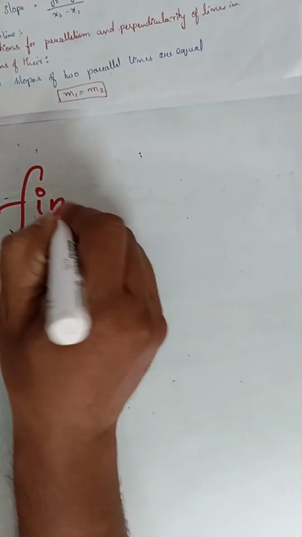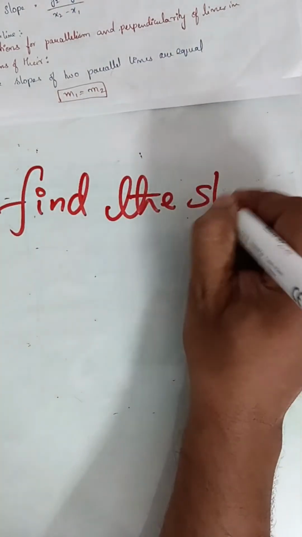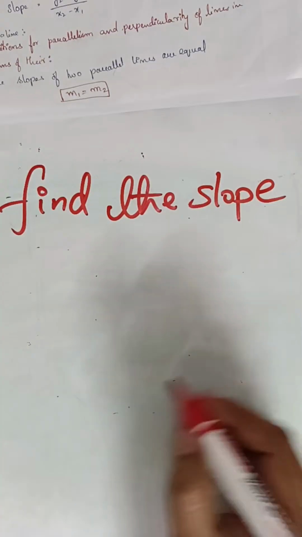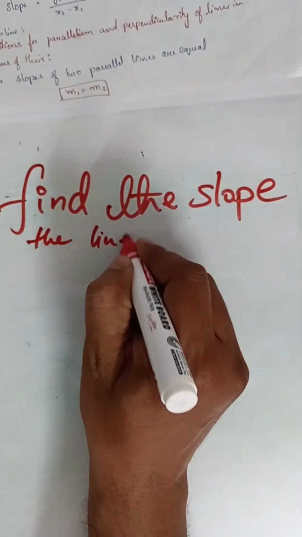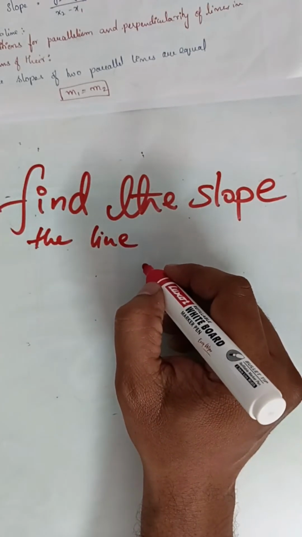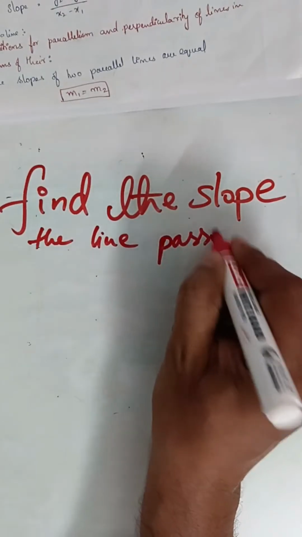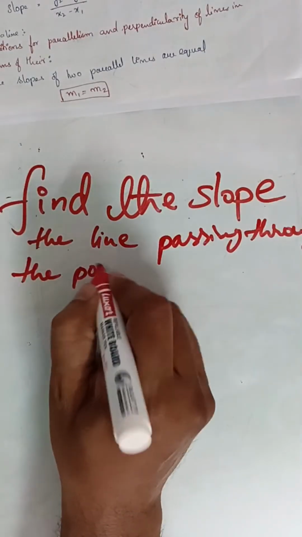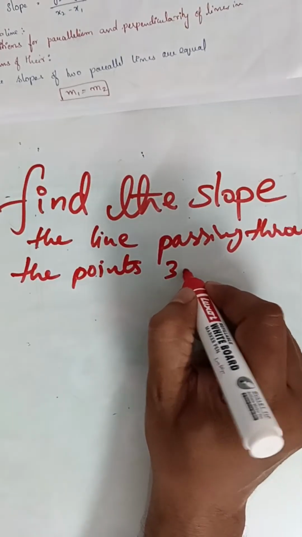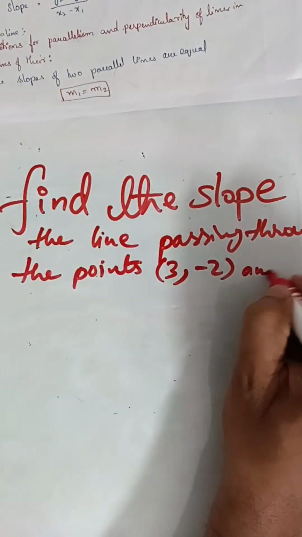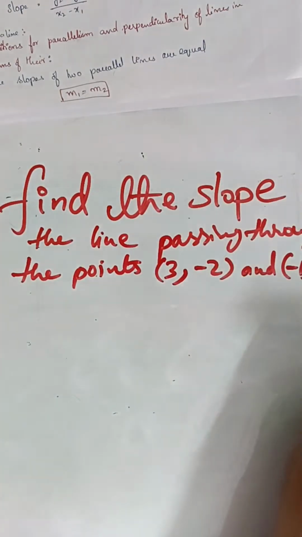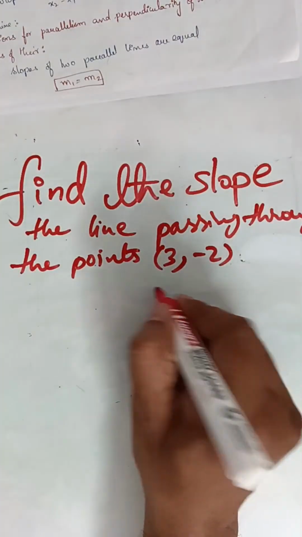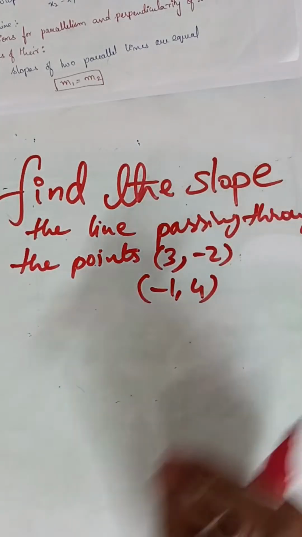Find the slope of the line passing through the points (3, -2) and (-1, 4). Sorry, it was going out of the screen, so I wrote it again: (3, -2) and (-1, 4).